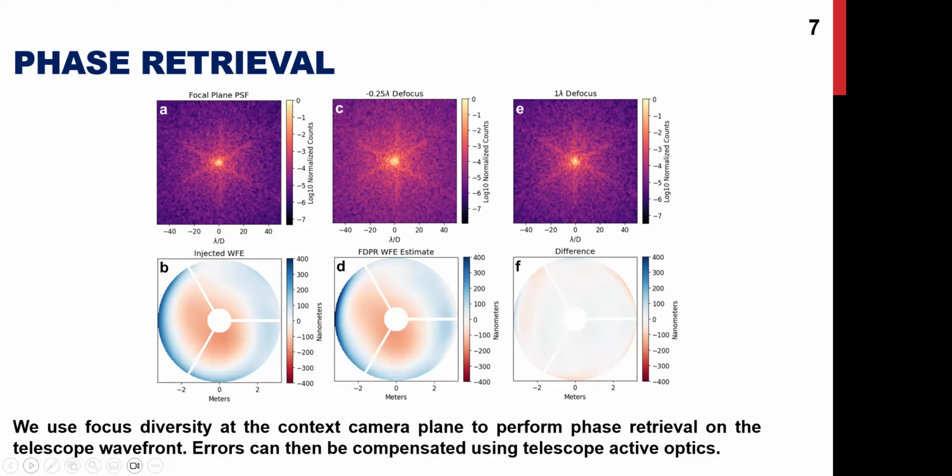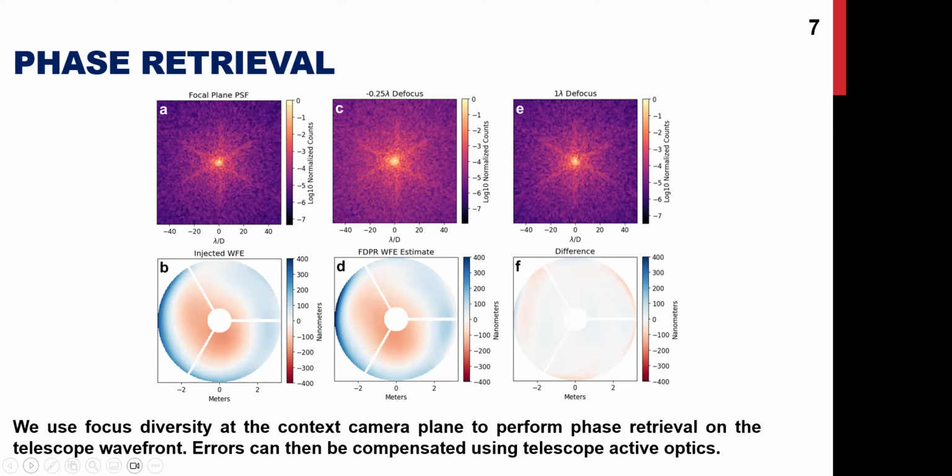On our telescope focal plane, we do not just have a single detector; we have a detector array. Our method of getting defocus diversity to perform phase retrieval is by having slightly pistoned detectors that are a little bit out of focus, which gives us slightly out of focus PSFs.